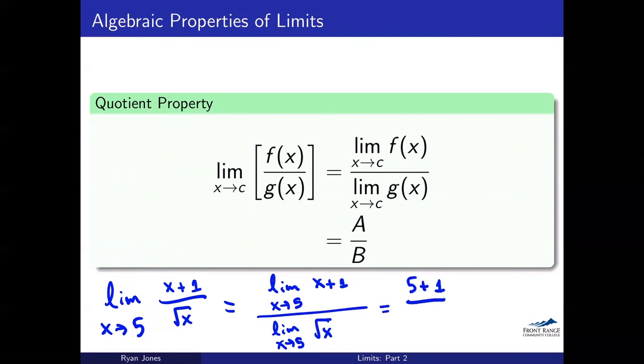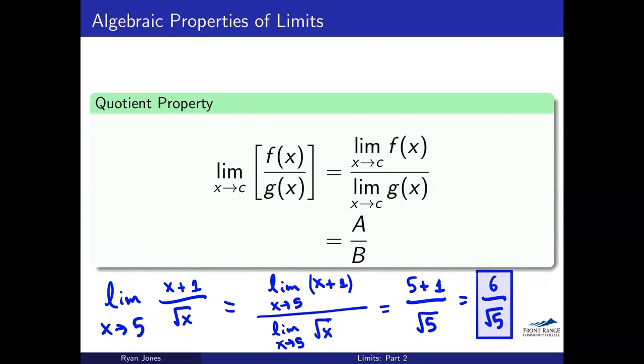Or if I'm not comfortable with direct substitution, I could graph each of them separately, because x plus 1 is easy to graph, and root x is easy to graph each on their own. I'll go ahead and leave my answer just written here. I know a lot of times we don't like to have radicals in the denominator, but for now I'm okay with that. That's fine. And there we go. We've got our answer. We're allowed to split limits along a division symbol.